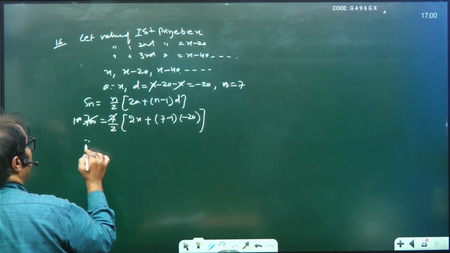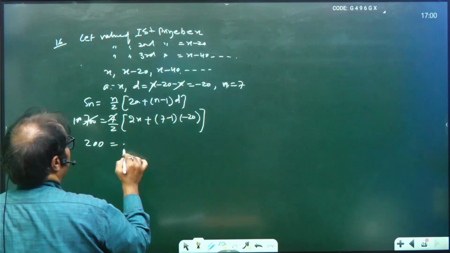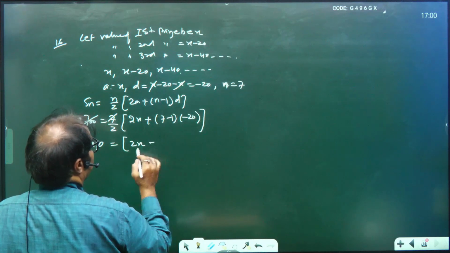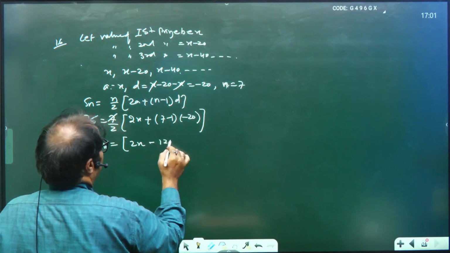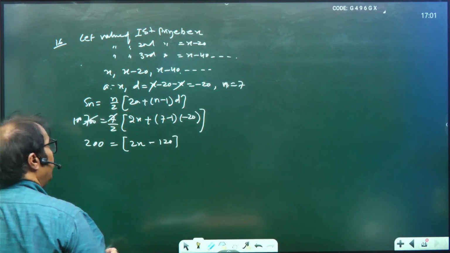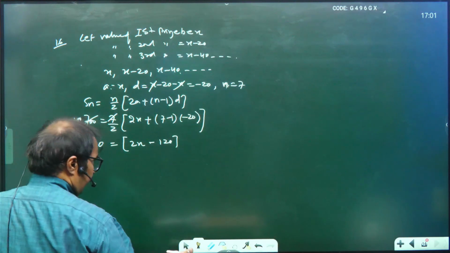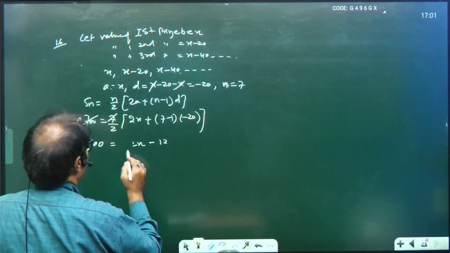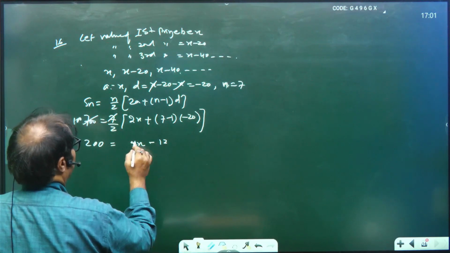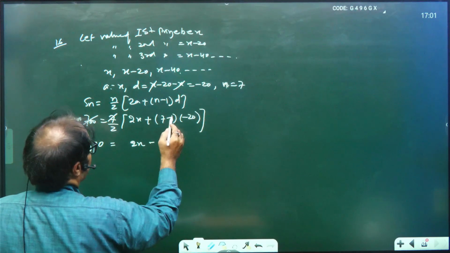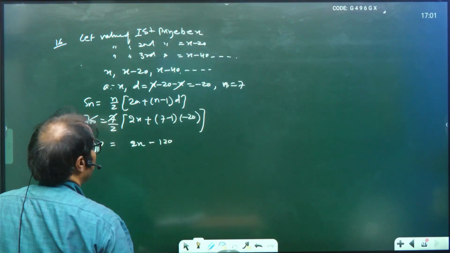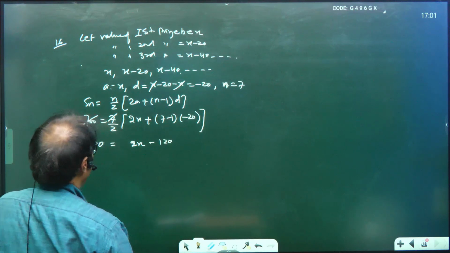So the 7 cancels, and by cross multiplication it is 200. Then 2x plus 6 into minus 20, which is minus 120, right? So now open it, no need of any bracket here. So 2x plus 6 into minus 20, 6 twos are 12, so 120.